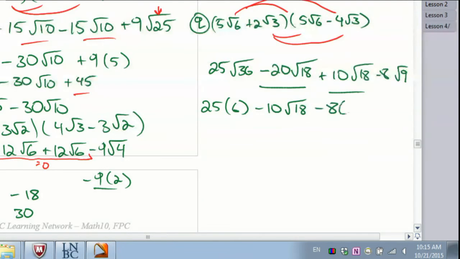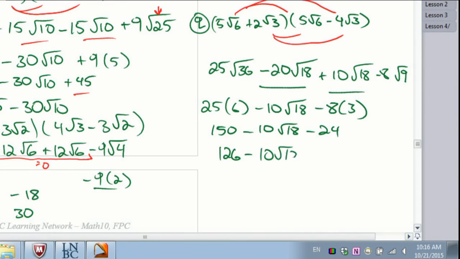And then 8 times the square root of 9, which is 3. 25 and 6 should be 150, and then 8 and 3 should give me 24. 150 minus 24 should give me 126 minus 10 root 18.